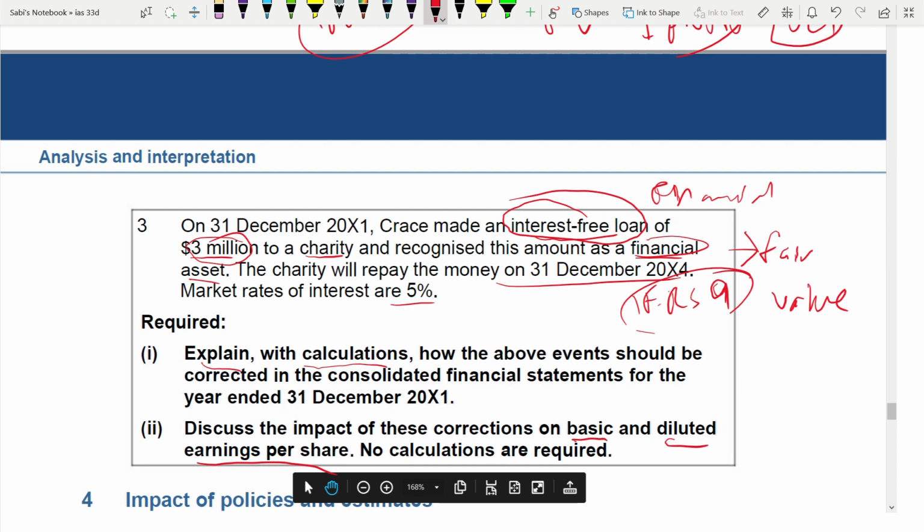When you go to the market, can you get the price for an interest-free loan? It is up to you. If it was a loan with interest, you can easily compare it with other loans and get the fair value in the market. So for this, you cannot get the fair value easily. An interest-free loan is not something which is there in the open market for which you will get a price. Therefore, the 3 million does not represent the asset's fair value. But still you have to get the fair value. How?